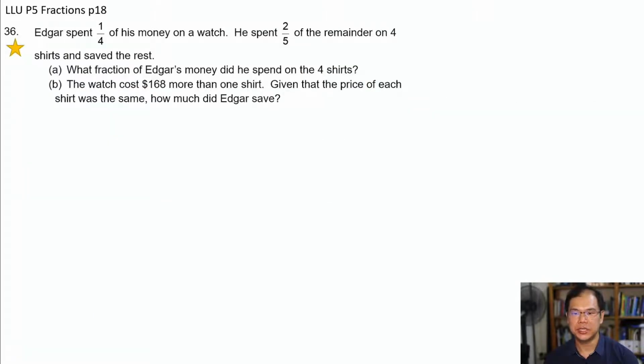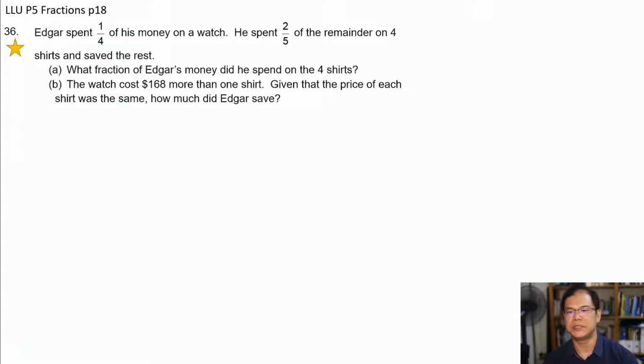Okay, page 18, question 36. Edgar spent 1/4 of his money on a watch. He spent 2/5 of the remainder on 4 shirts and saved the rest. A. What fraction of Edgar's money did he spend on the 4 shirts? Right?